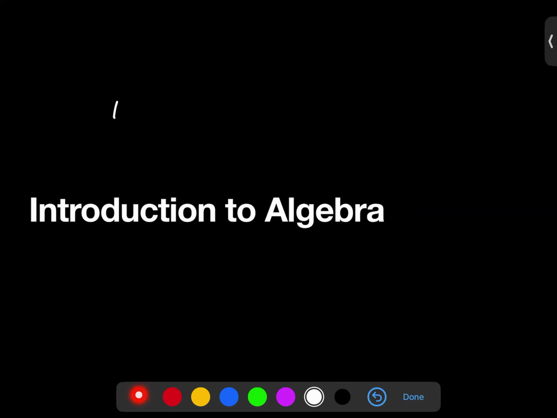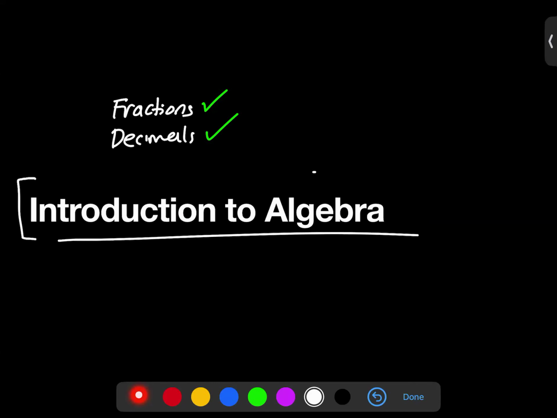Today we covered fractions and decimals. So we have completed both of these topics. Tomorrow in the next class, we will start with the more advanced topic, which is Introduction to Algebra. So that's what we will cover in the next class.